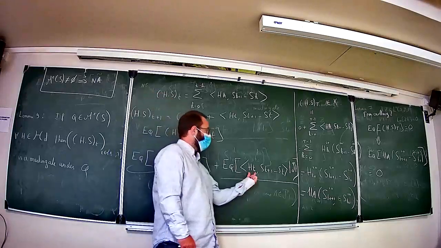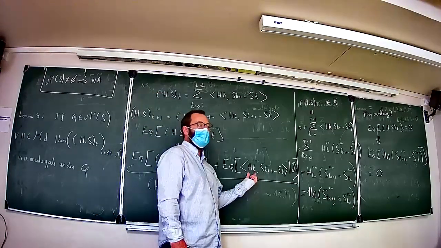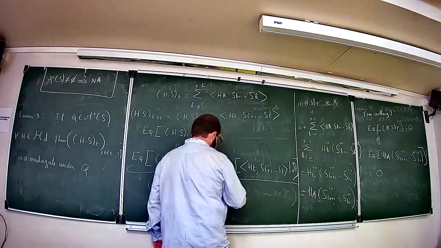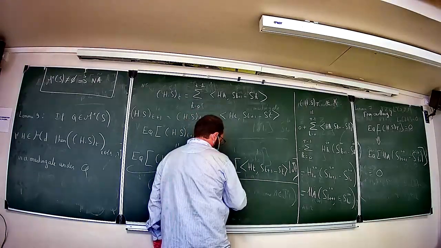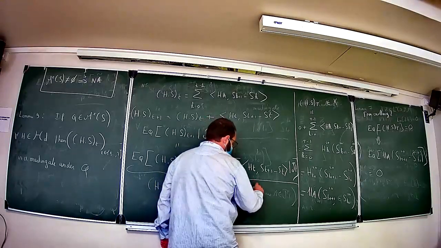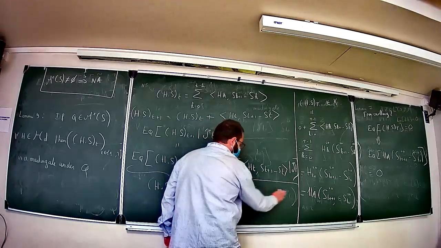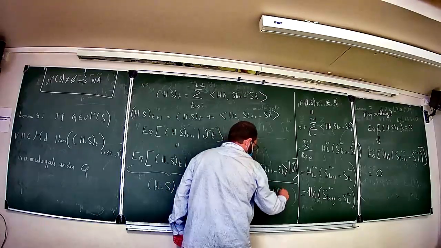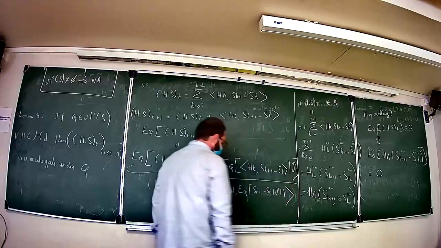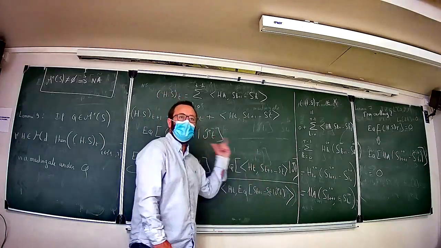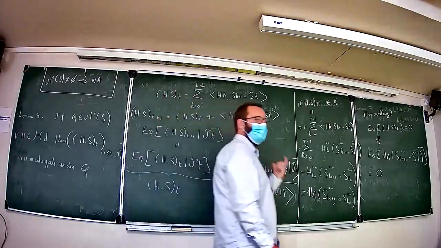Because you have here a part that is Ft measurable, so you can remove it from the conditional expectation in order to obtain Ht times the conditional expectation under Q of St plus 1 minus St given Ft, using the fact that I can remove from the conditional expectation things that are Ft measurable.